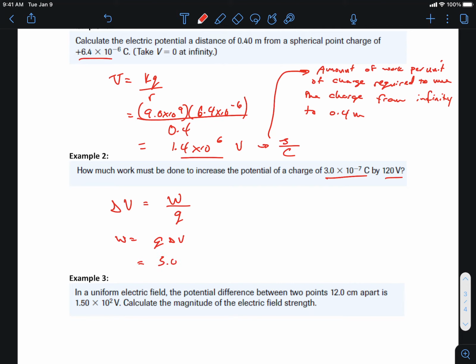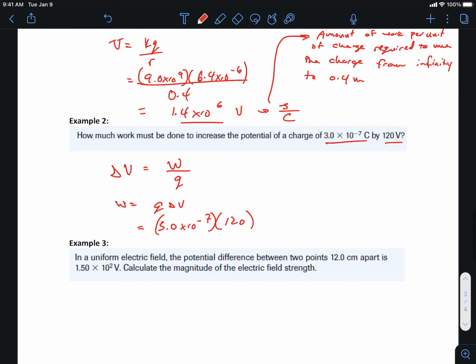So 3.0 times 10 to the negative 7 times the change in voltage, 120. What do you get? You get work equals 3.6 times 10 to the negative 5 joules. We measure work in joules.